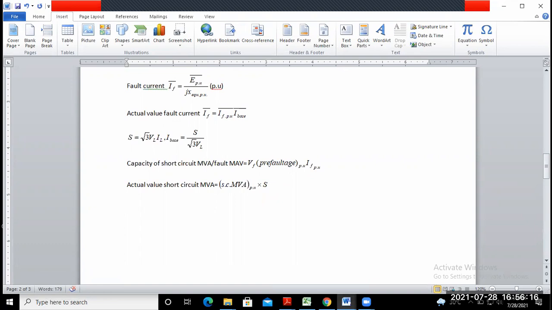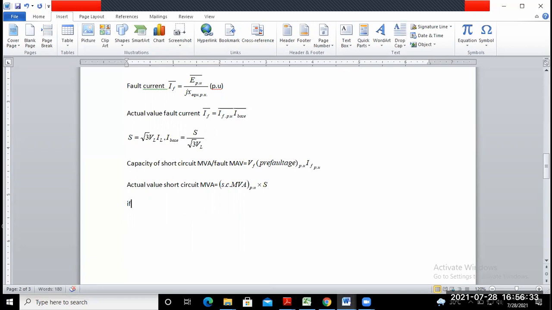Now tell me, if the fault impedance is given to you, what is the fault current value? Only the denominator of this equation changes. Rahul, are you there?